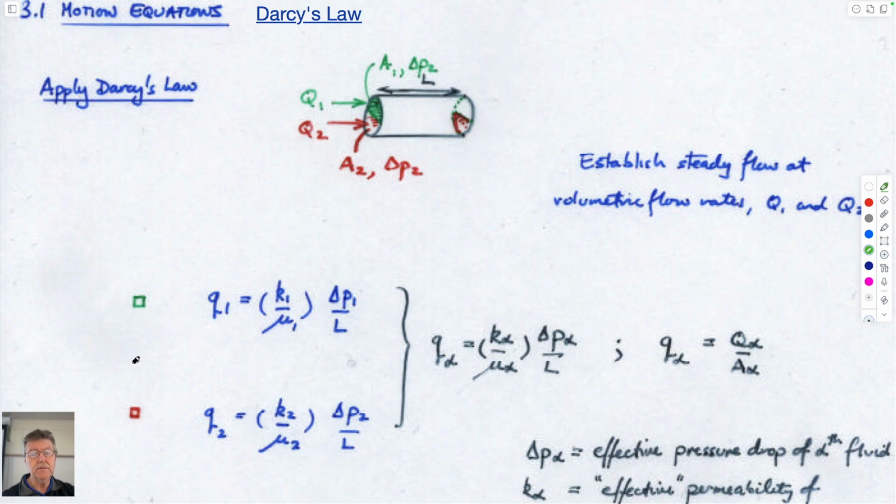So this would be liquid, so in terms of our terminology, this would be liquid, and this would be vapor. And the Darcy velocity that comes out of that is equal to the permeability of material 1 divided by its viscosity and the pressure gradient that occurs across it.